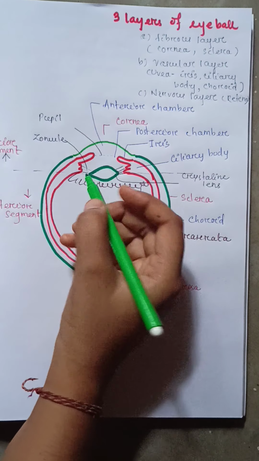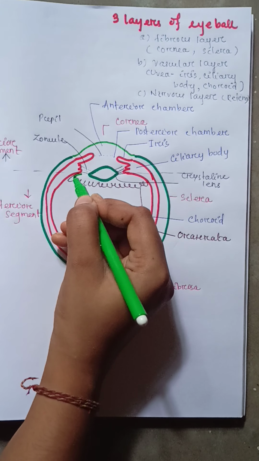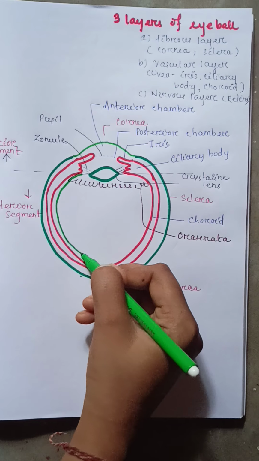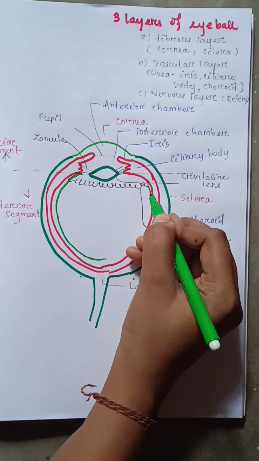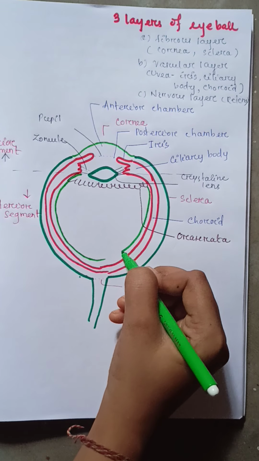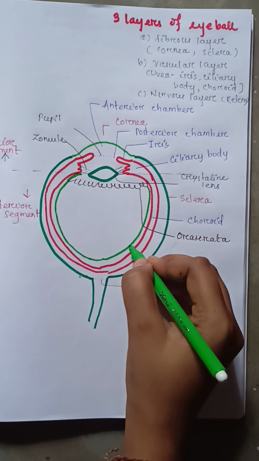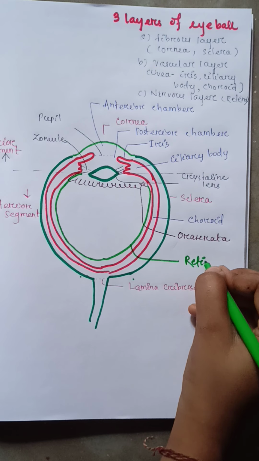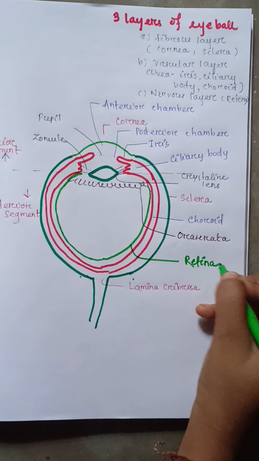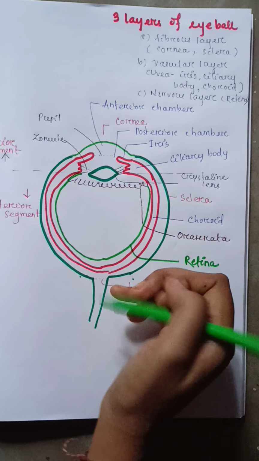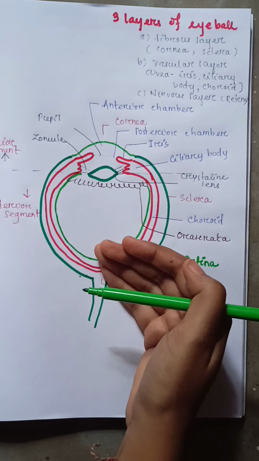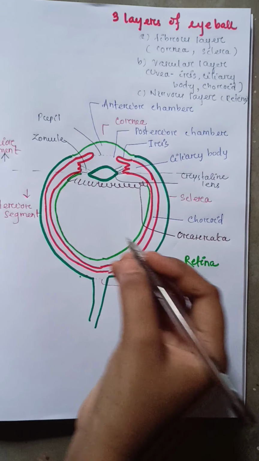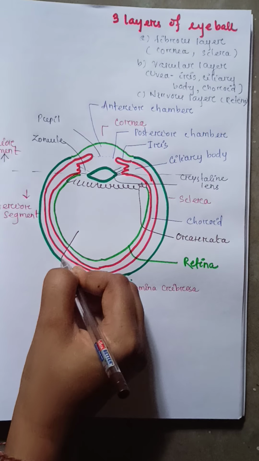From here, this layer is the retina, which is the nervous layer, and the space in front of the retina and behind the crystalline lens is the vitreous chamber, or we can say vitreous body, which contains vitreous humor.